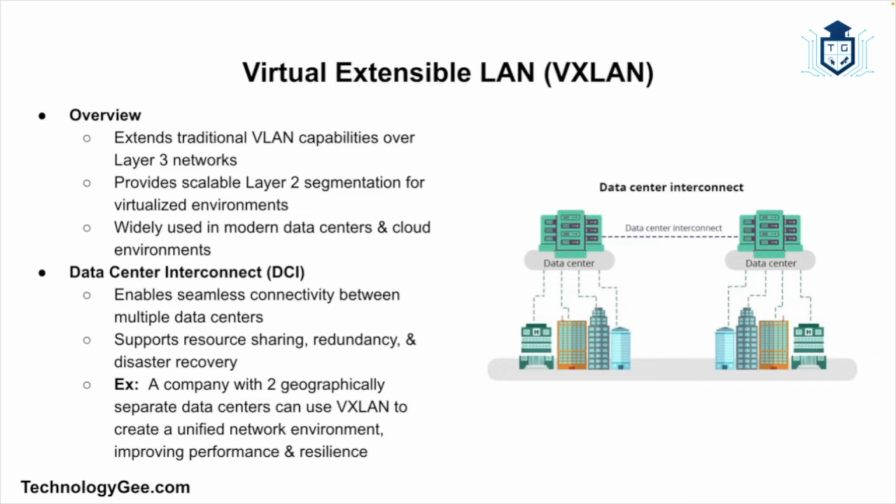So VXLANs facilitate data center interconnects, which enables organizations to link multiple data centers seamlessly. And this ensures that resources can be shared efficiently and provides redundancy for critical applications. So for example, a company with 2 geographically separate data centers can use VXLAN to create a unified environment, which enhances both performance and resilience.